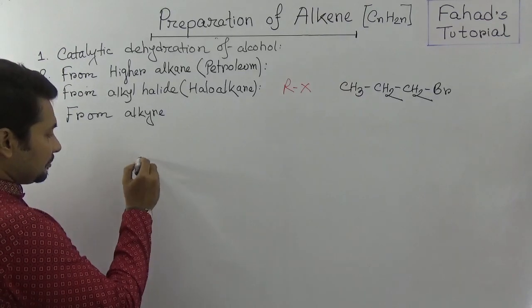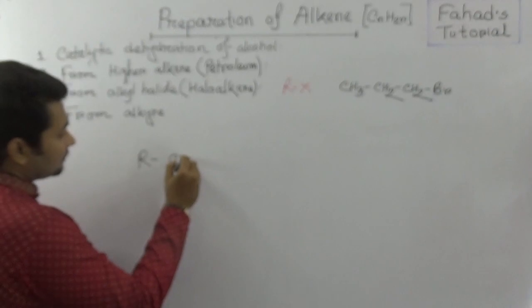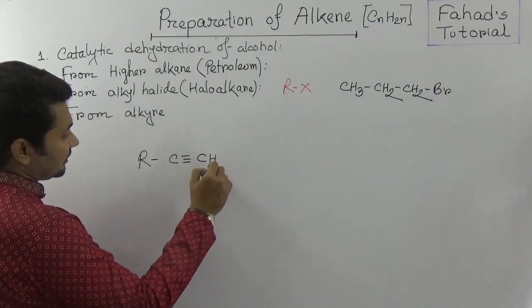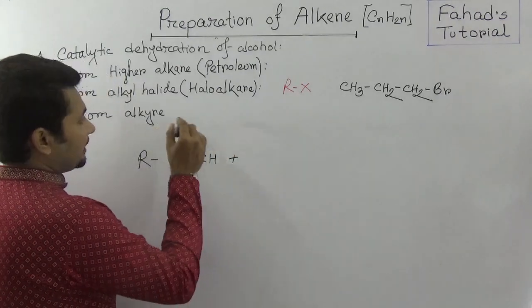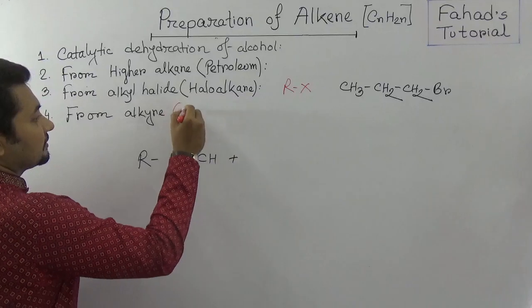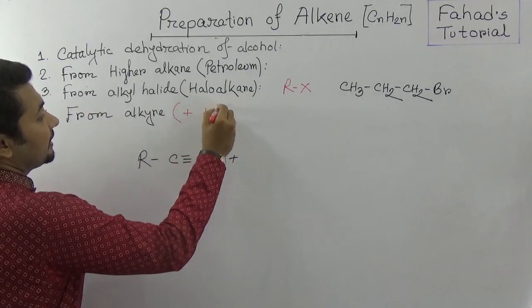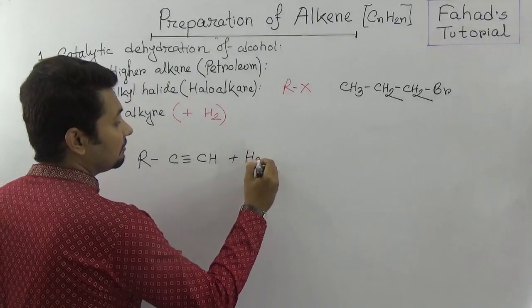Suppose R, C, triple bond, CH. That is alkyne. From alkyne, what needs to be added? Hydrogen. So hydrogen will be added.